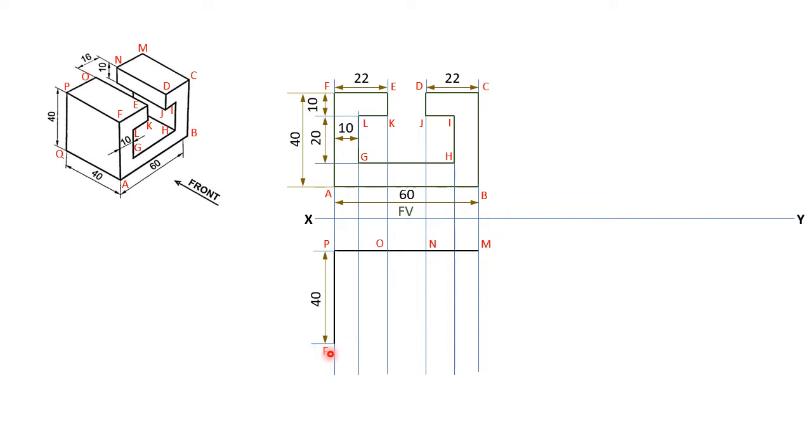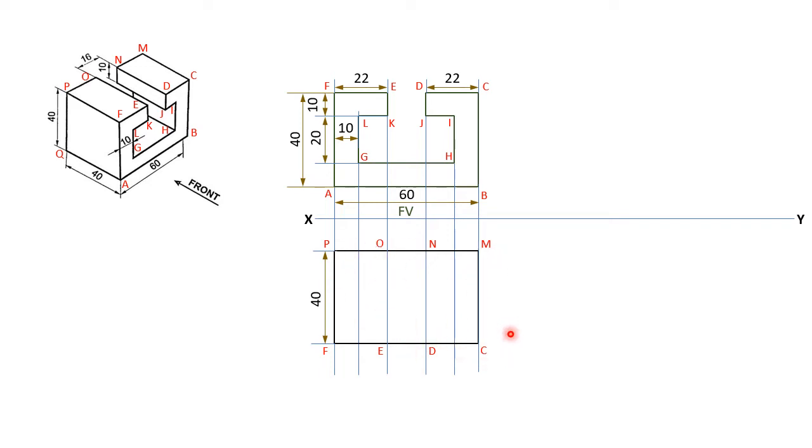Then we will mark F at 40 unit distance from P, which represents this side PF, equivalent to AQ, that is 40 unit, and we will darken the projection line to denote PF. Then again we will draw a parallel line FC, which is parallel to PM.